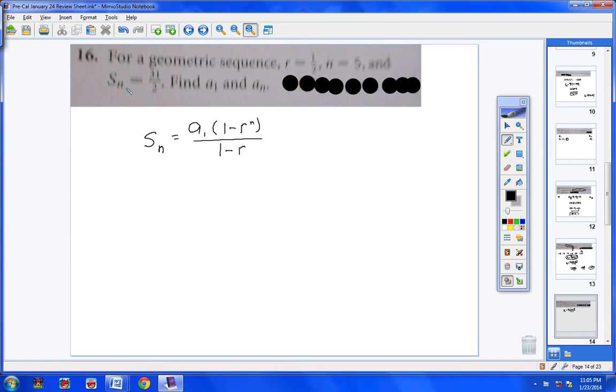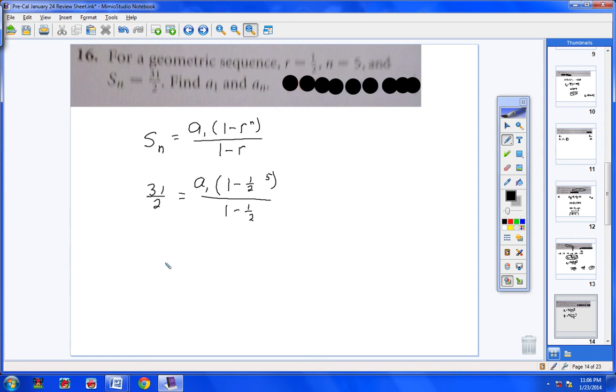The sum of n is 31 over 2, so I can put 31 over 2 right here equals, I do not know what a subscript 1 is, so I'm going to leave that blank. Then next I have 1 minus r, which would be 1/2 to the 5th power all over 1 minus r, 1 minus 1/2.